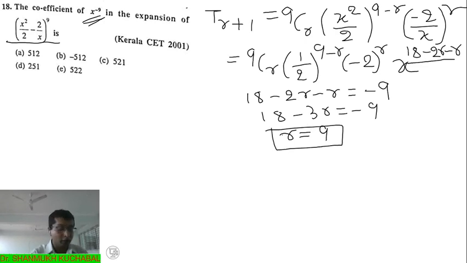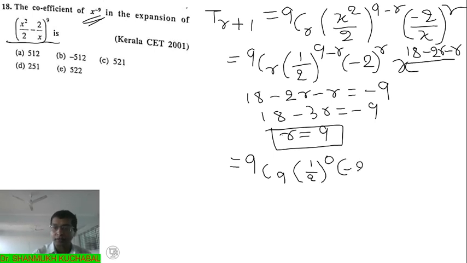Then we have to find the coefficient of x raised to minus 9. Now the r value we have to substitute in the general formula. We get 9c9, times 1 by 2 raised to 0, and minus 2 raised to 9. Okay.